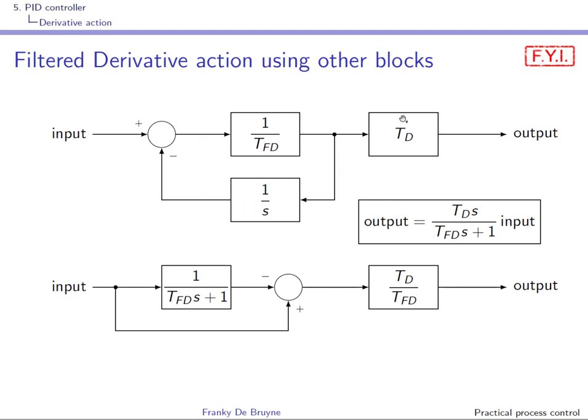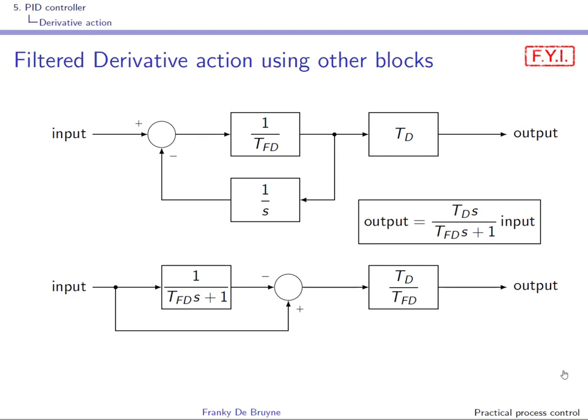This could be done, for instance, in CFC, but it presupposes that you have access to a block that implements an integrator. But you can compute that the relation from input to output is exactly that of a filtered derivative action. If you have access to a first order filter, you can implement this transfer function of the filtered derivative action as follows.